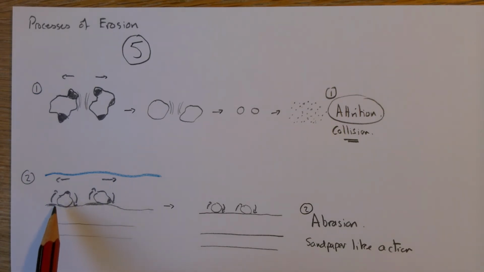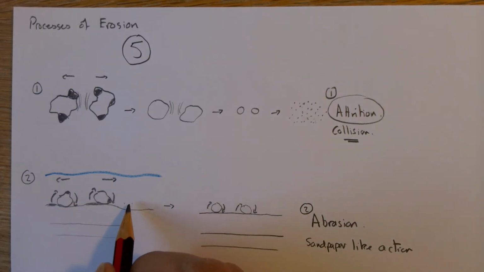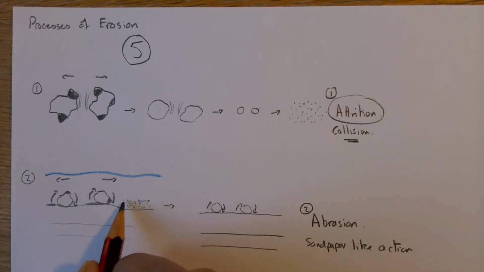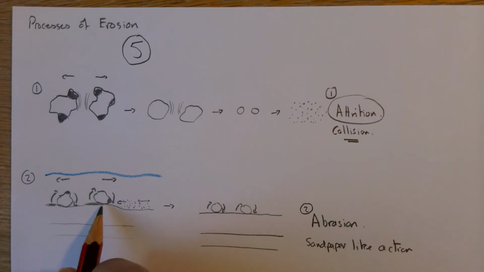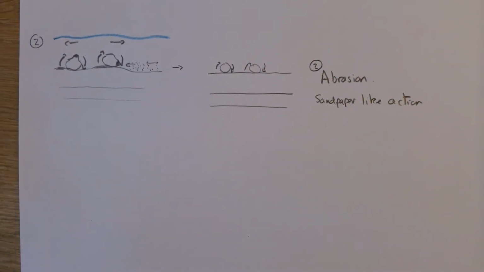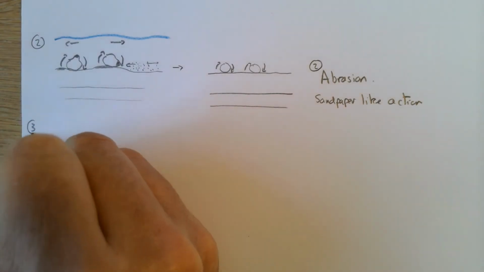It doesn't have to be huge material like this. It can also be small suspended bits of sand that are also going backwards and forwards and doing the same thing to smooth out the seabed surface. And that is abrasion. Let's have a look at process number 3.